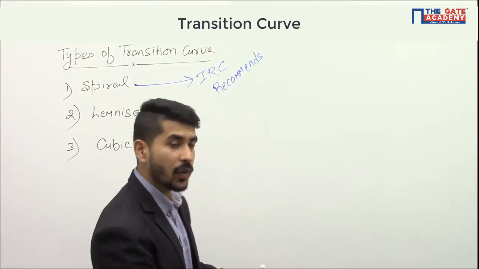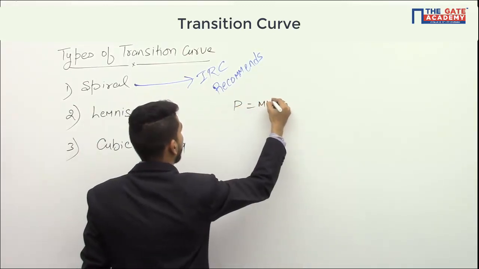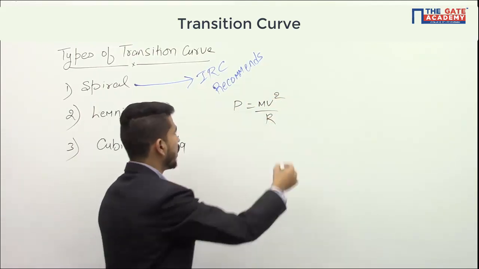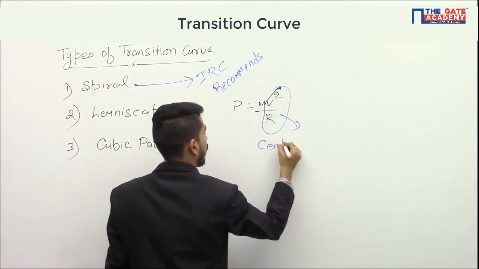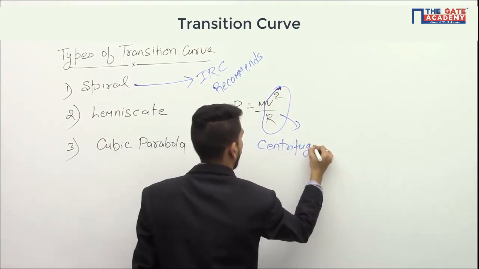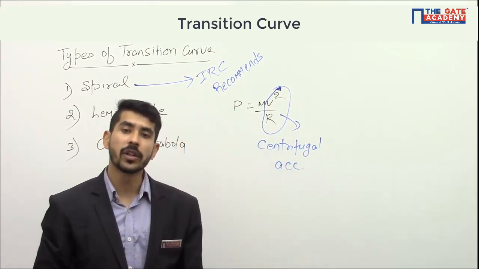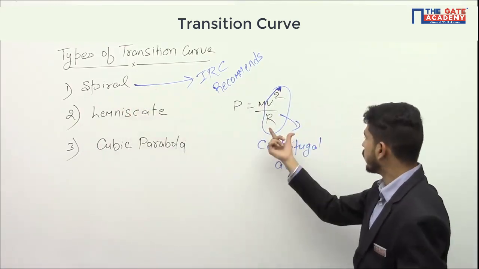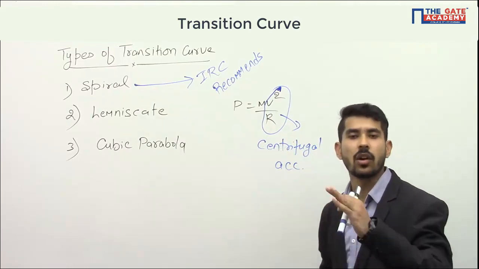Now what is centrifugal acceleration? We know that P equals mv square divided by r. So this v square by r is your centrifugal acceleration. Right? And what they are saying is, on this kind of geometry, the rate of change of centrifugal acceleration is constant.